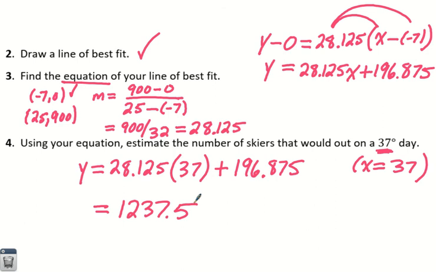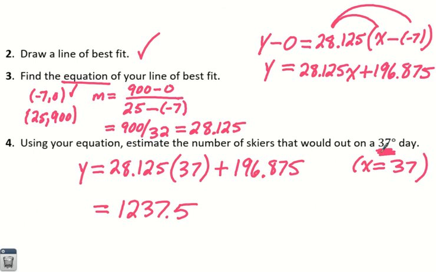But the main point is, if you have an equation for your line of best fit, you can just plug values in to make your estimate. And it's not always for x. They could trick you a little bit.